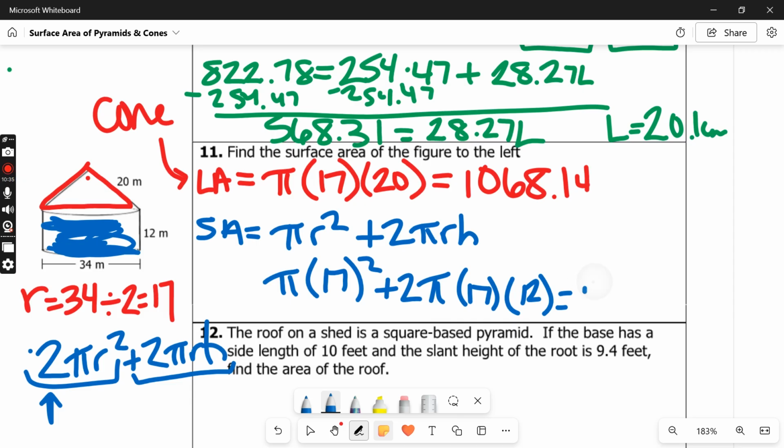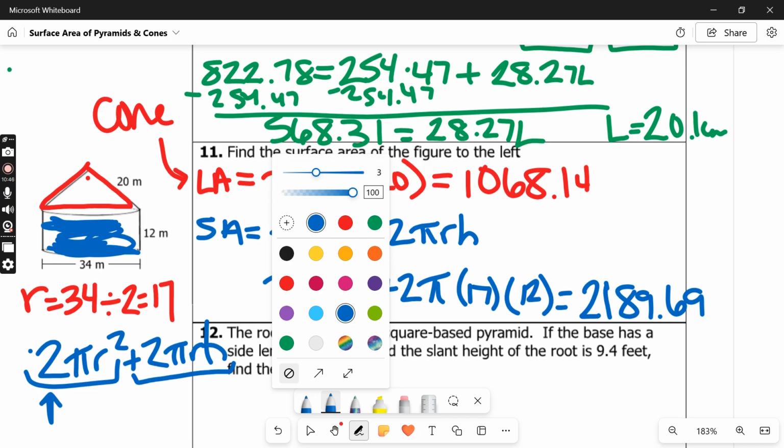Which is 2189.69. And then what I'm going to do to finish this problem is add these two numbers together.